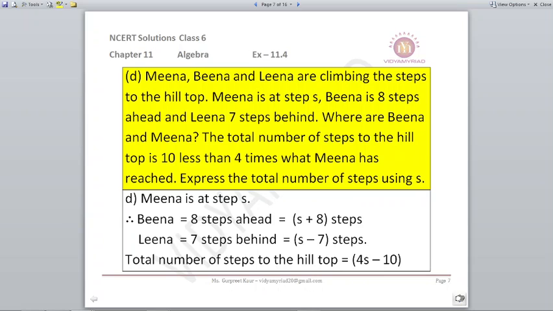We have been told the total number of steps to the hill is 10 less than 4 times what Meena has reached. So where is Meena? Meena we are denoting by S. 4 times Meena means 4S, and they are saying the total number of steps are 10 less than. So we are going to subtract 10 from 4 times Meena's. So 4S minus 10 will be the total number of steps.